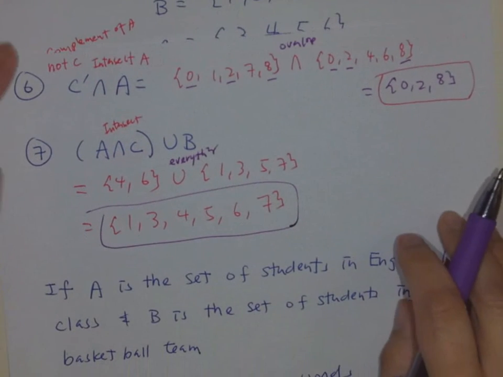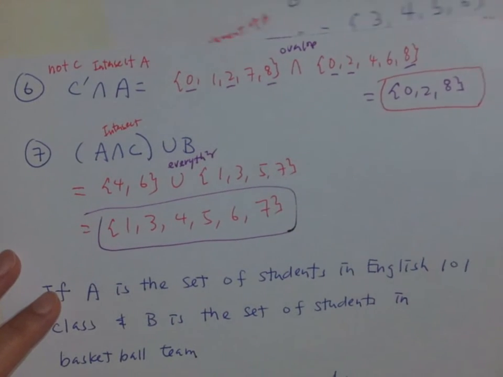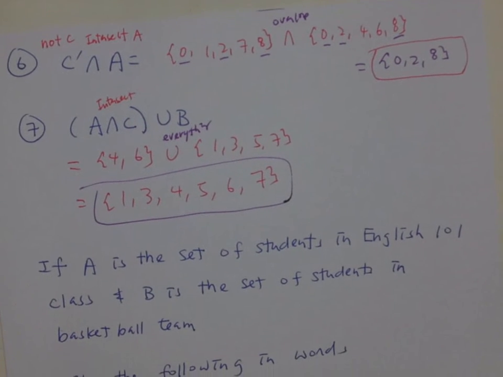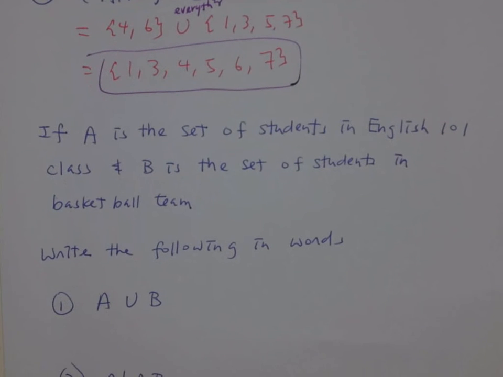Okay, so that's some of the operations with sets. And next, let's write this in words. So you may want to pause it for a minute and write this down.